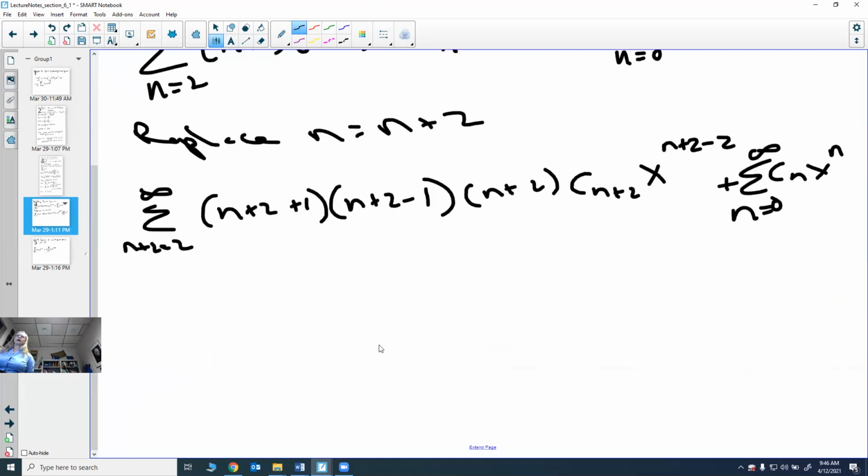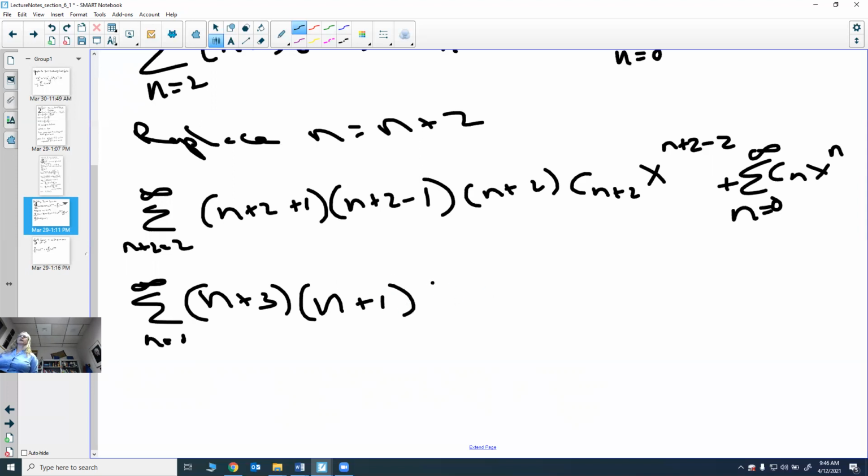When I do this, I happen to notice that n plus 2 equals 2 means that n equals 0 to infinity. So we now know they start at the same place. This would be n plus 3. We'd have n plus 1, n plus 2, c sub n plus 2, and then x to the n.